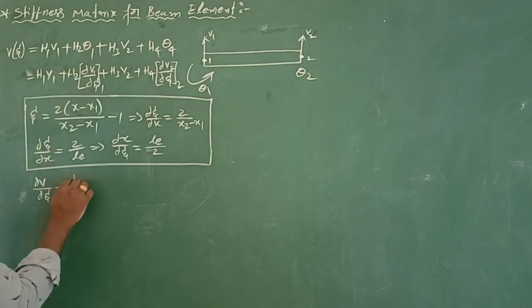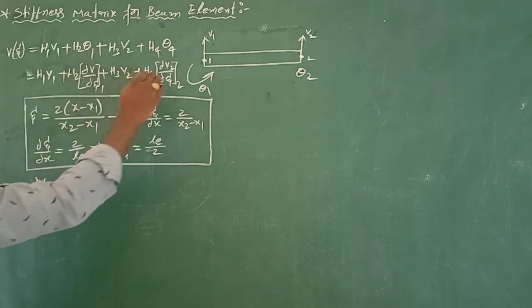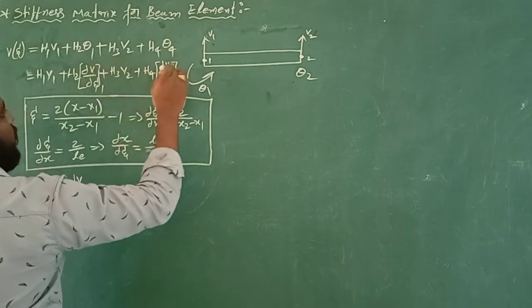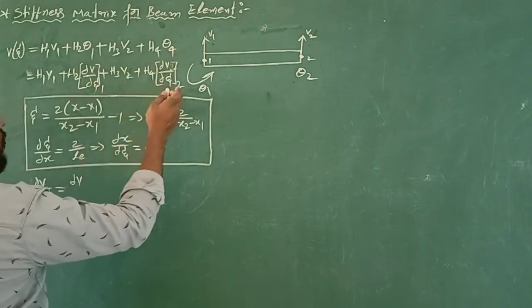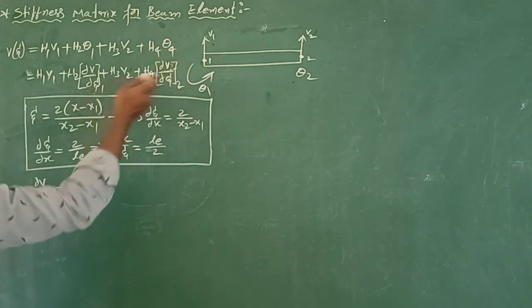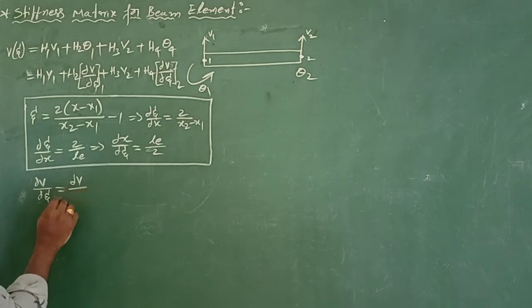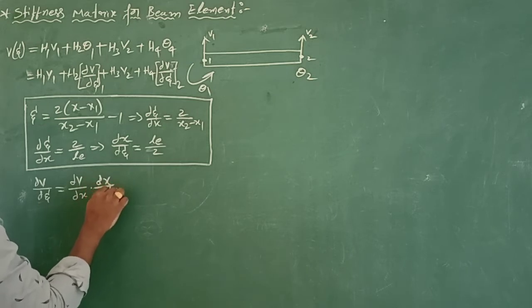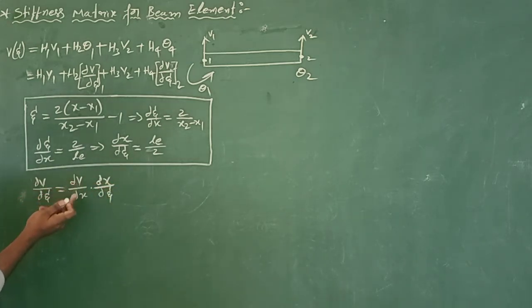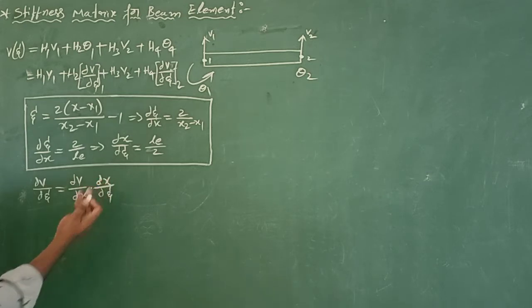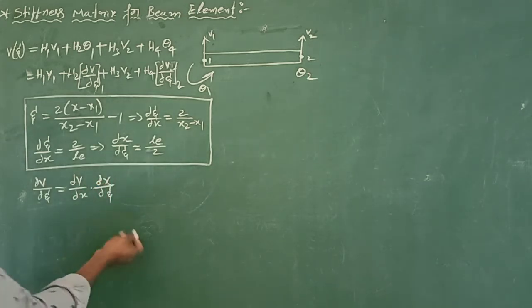We can write dou v by dou j as dou v by dou x into dou x by dou j, where dou x cancels. This is v for slope 1, the first element, second element. That's why I mentioned it here.